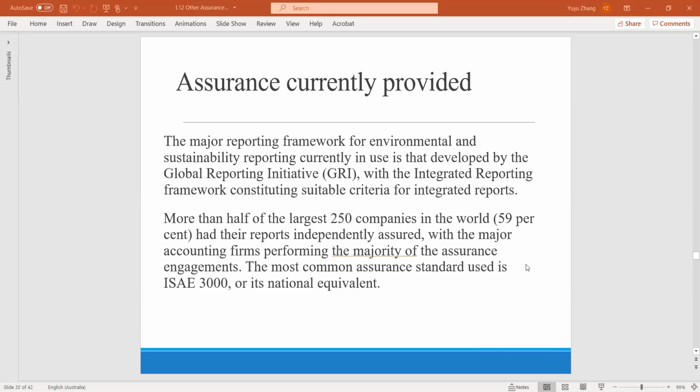So from our perspective, if you look at the assurance engagement for CSR reports, from the accounting perspective, if the provider is an accounting firm, usually the level of assurance is limited unless the numbers could be well quantified.